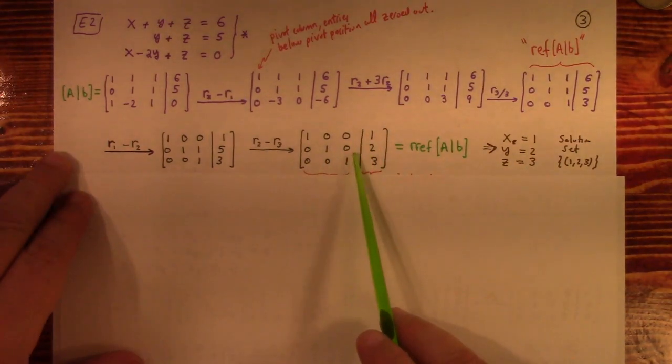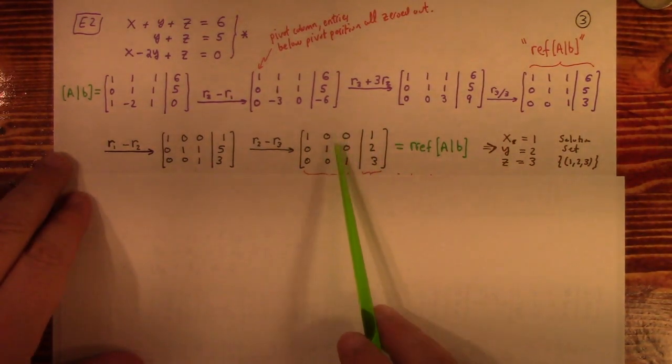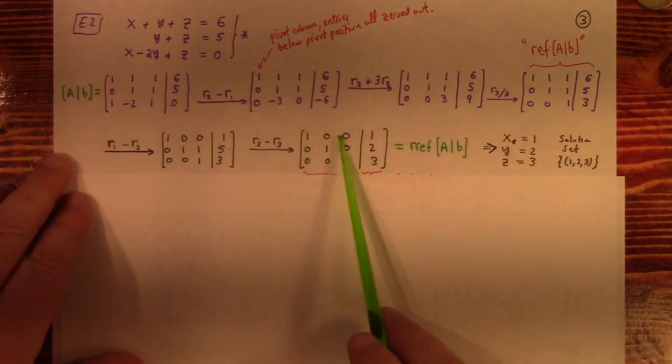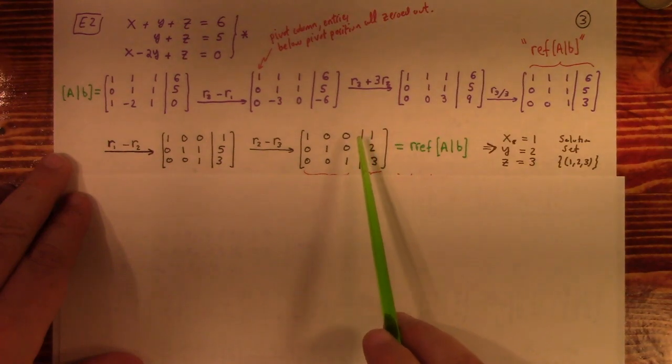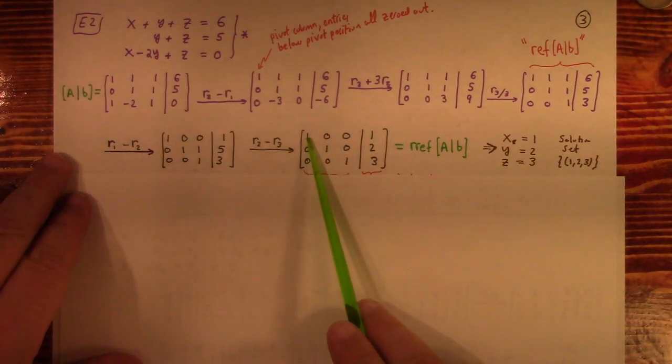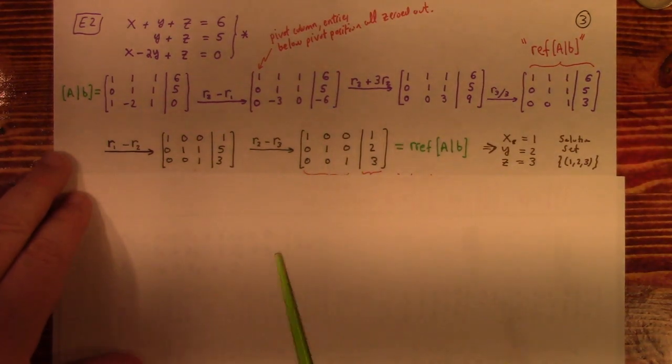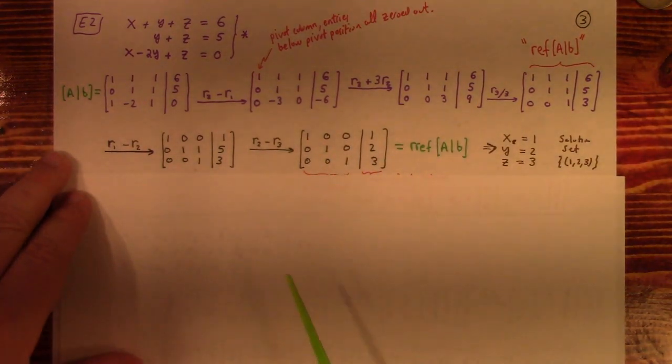Now this right here, once you've got every non-zero row with a leading entry, the leftmost entry in every non-zero row, being a 1, and above and below that 1 are just zeros, that's the reduced row echelon form, and that's unique.